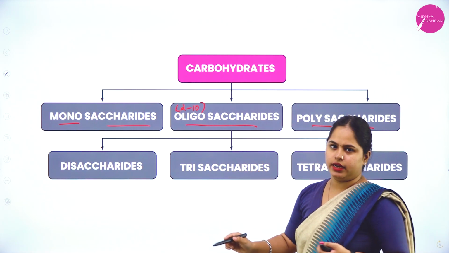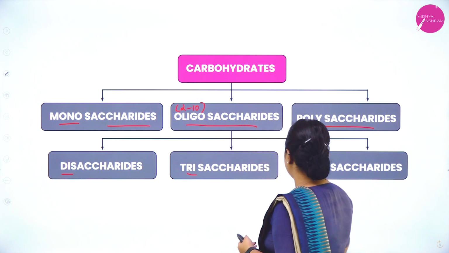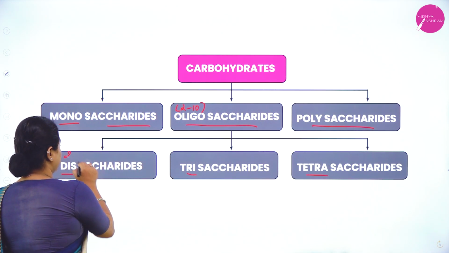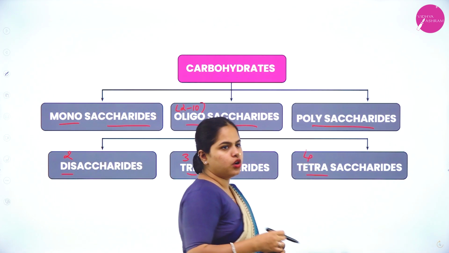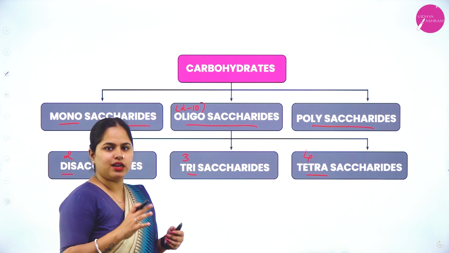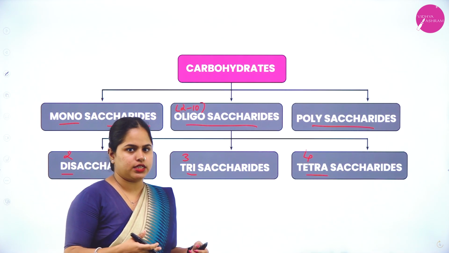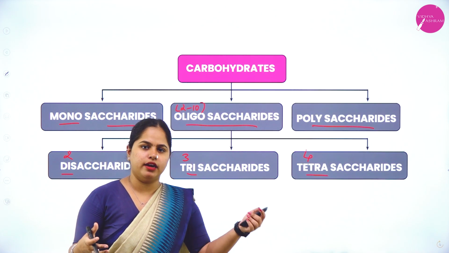Now oligosaccharides are further classified into disaccharides, trisaccharides and tetrasaccharides. From here itself you can see di stands for 2, tri stands for 3, tetra stands for 4. So this is how they are classified, that is monosaccharides, oligosaccharides and polysaccharides, wherein oligosaccharides are further classified into di, tri and tetrasaccharides.